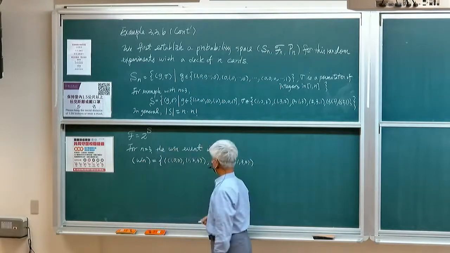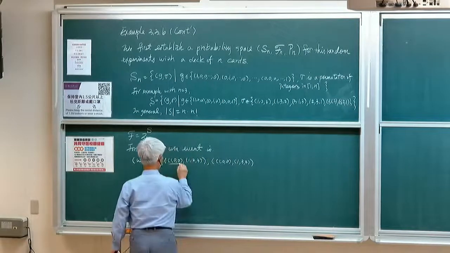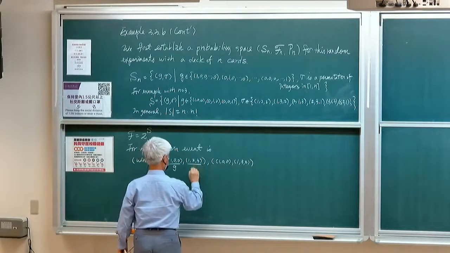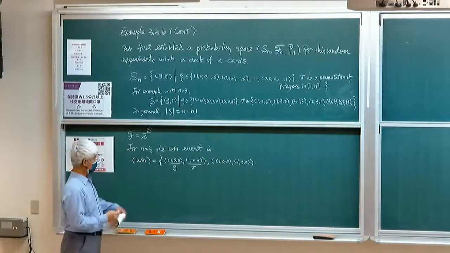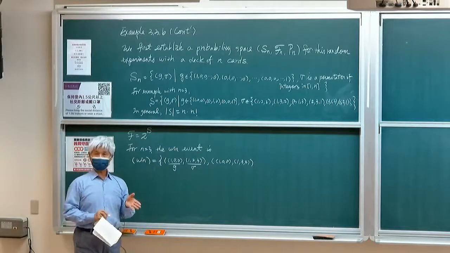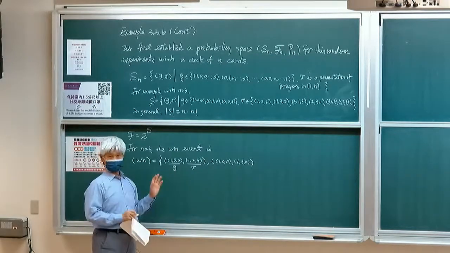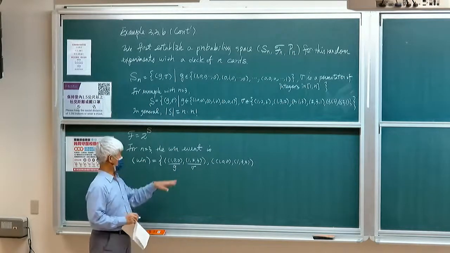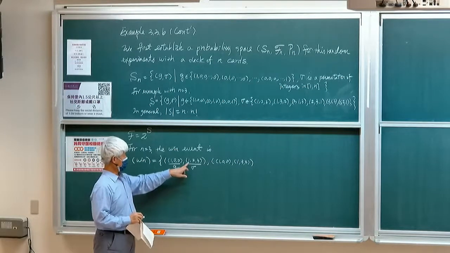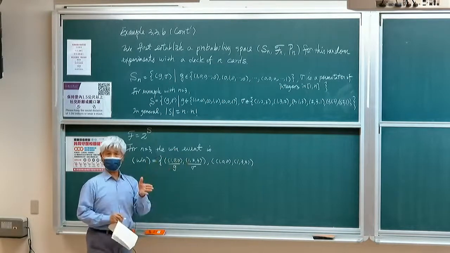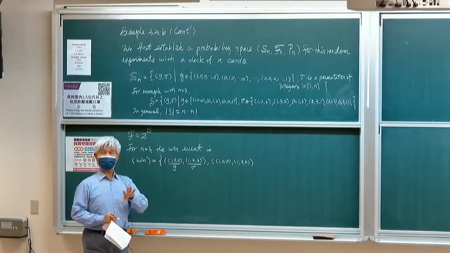So this is the guess sequence, and this is the sigma. If the player makes the guess at the first time, the player wins if card number 1 is turned over at the first time.